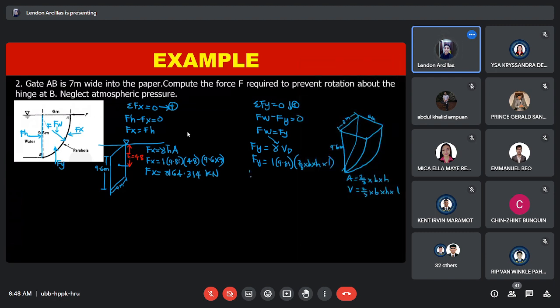F of Y is equal to 1 times 9.81 times 2/3 times base, that is 6 meters, times height 9.6 times the length or the width is 3 meters. So F of Y natin dyan, or just the F of W, equal to 2636.928 kilo Newton.